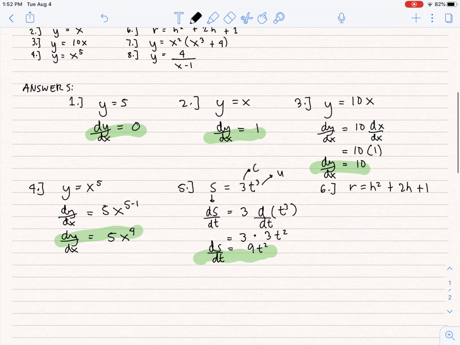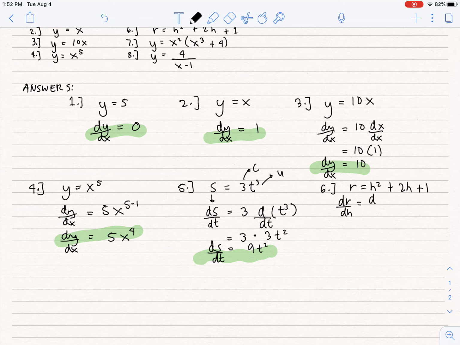Okay? So, balik ka sa example. Remember, we are going to derive or differentiate with respect to H. So, the derivative of R with respect to H is just equal to, diba, distribute man.